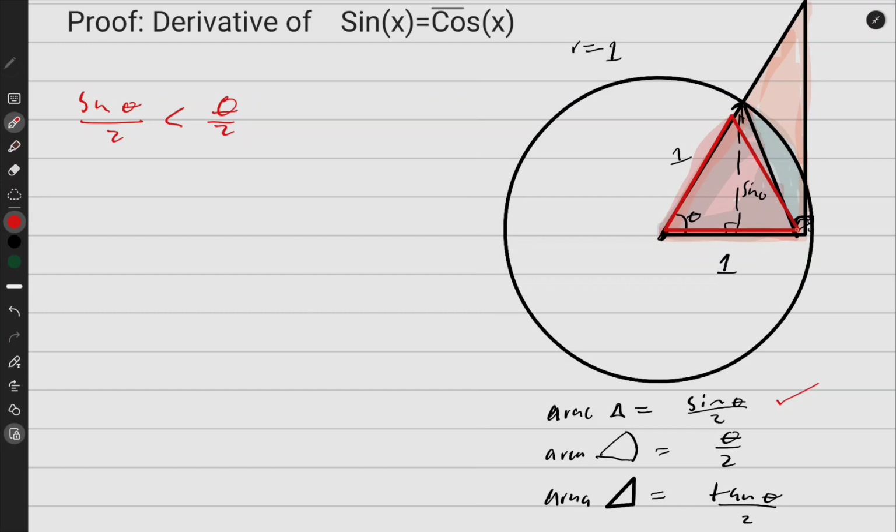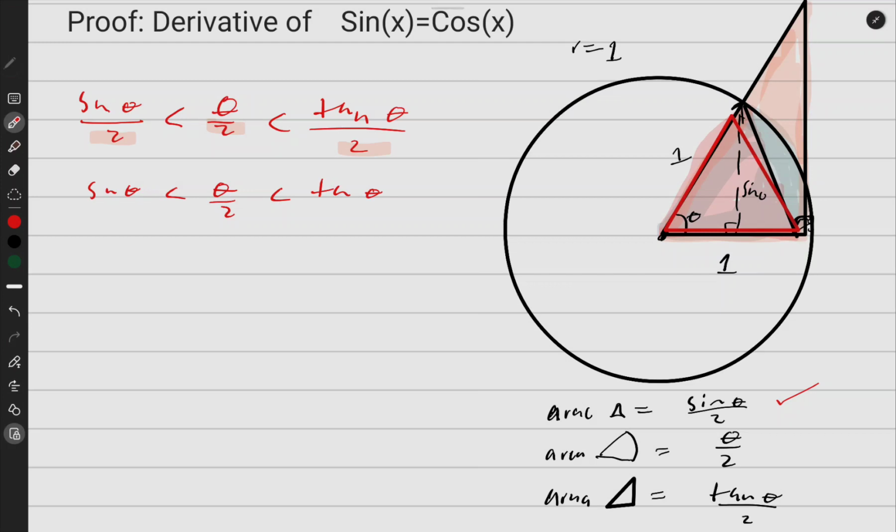And the pizza slice is also less than the big triangle, which is tan theta all over 2. Because there are 2's all over, I can just cancel them. To continue, I will have something like this: sine theta less than theta less than tan theta.